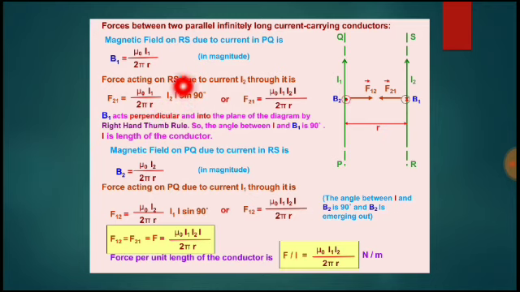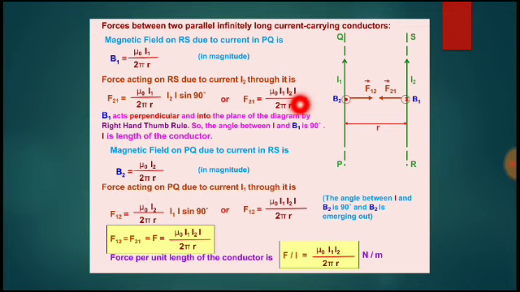Substituting sine theta equal to 1, you get F21 equal to mu naught I1 I2 into L divided by 2 pi r.